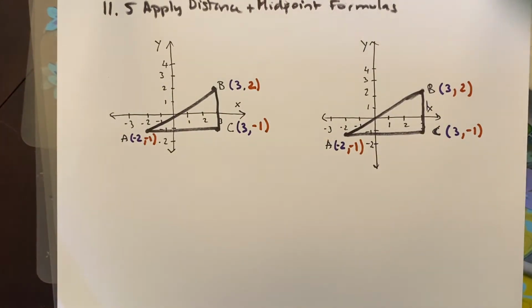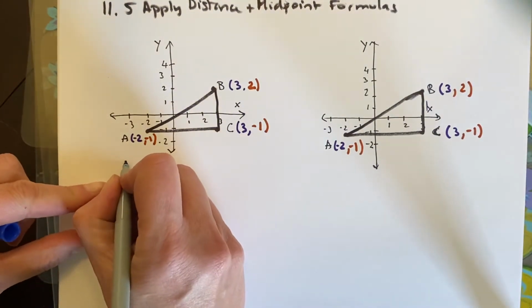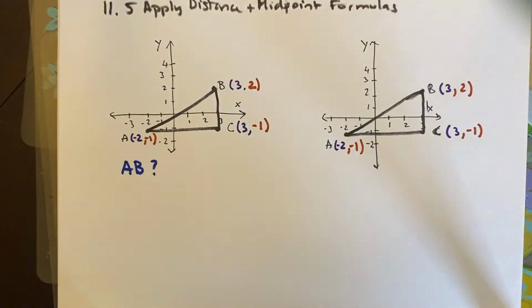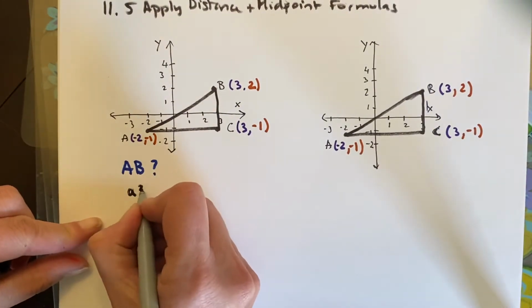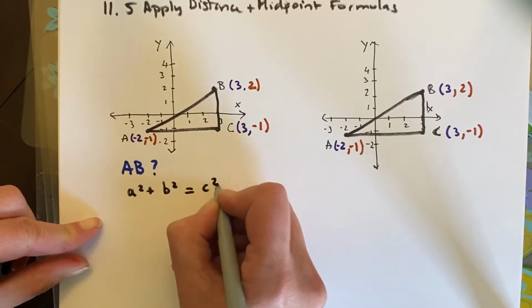Essentially, the whole goal of this is to find out what is the length of AB. In other words, what is AB? What is the length of AB? Well, I'm starting with the Pythagorean theorem. I know a squared plus b squared equals c squared.